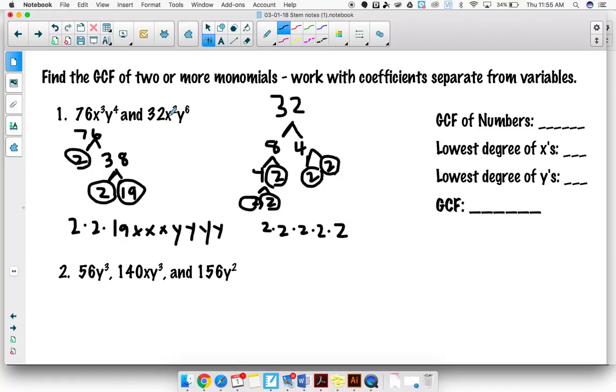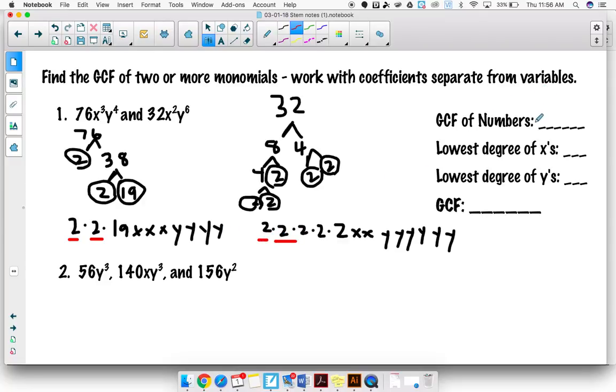And then variables, x squared from the original question up here, x squared would be x times x. And y to the 6th would be y, y, y. That's 4, that's 5, that's 6. Okay, so let's see what matches. We can get a couple 2s here that correspond to the 2s over here.